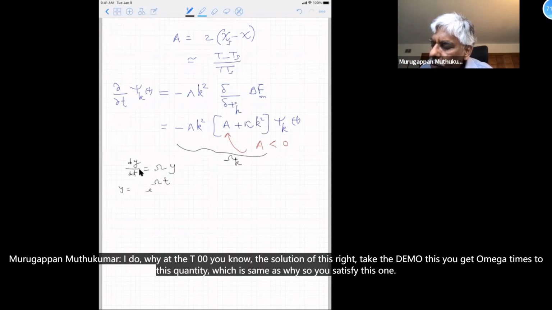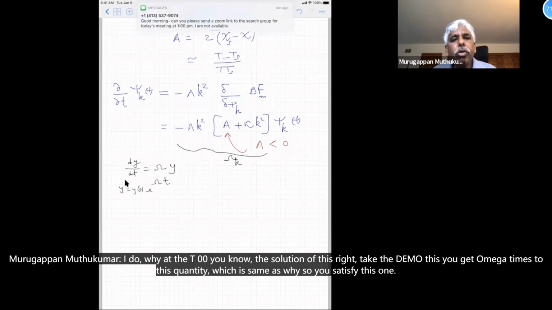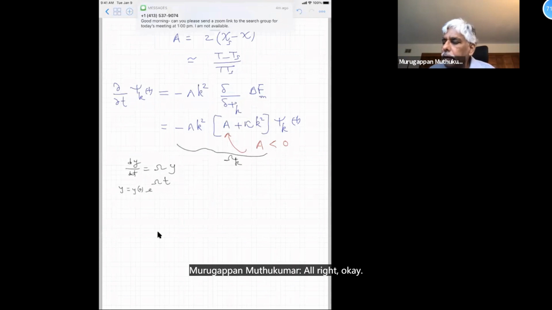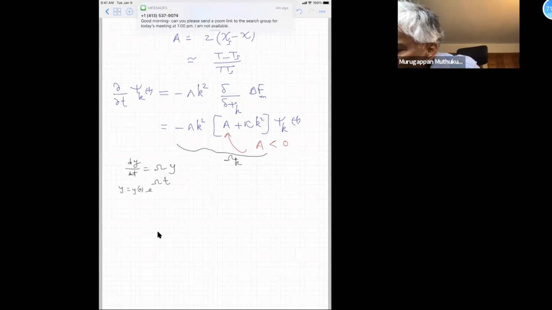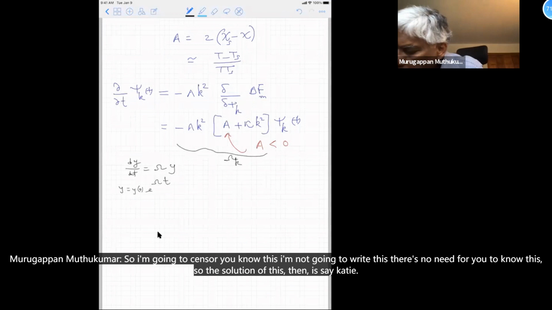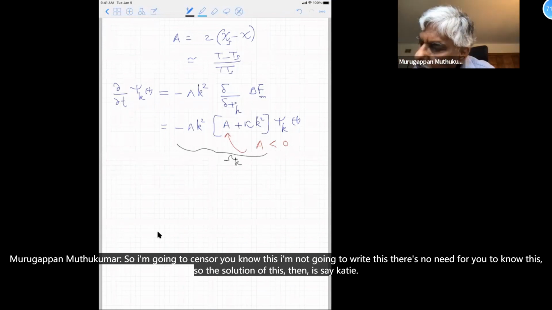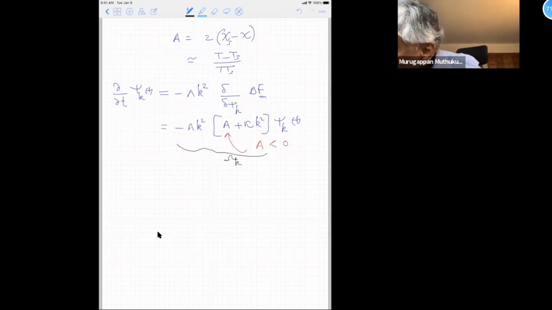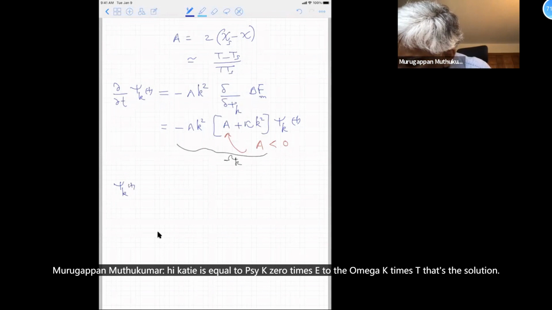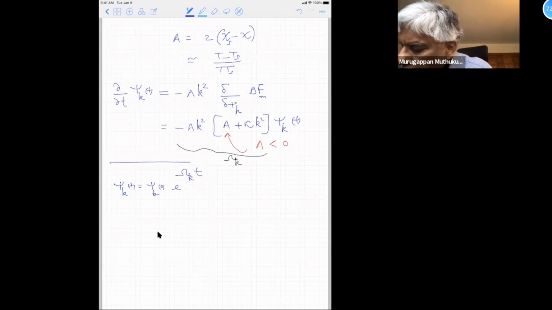Take the derivative and you get omega times y, so it satisfies the equation. So the solution is psi k t equal to psi k at 0 times e to the omega k times t. That's the solution of that equation.